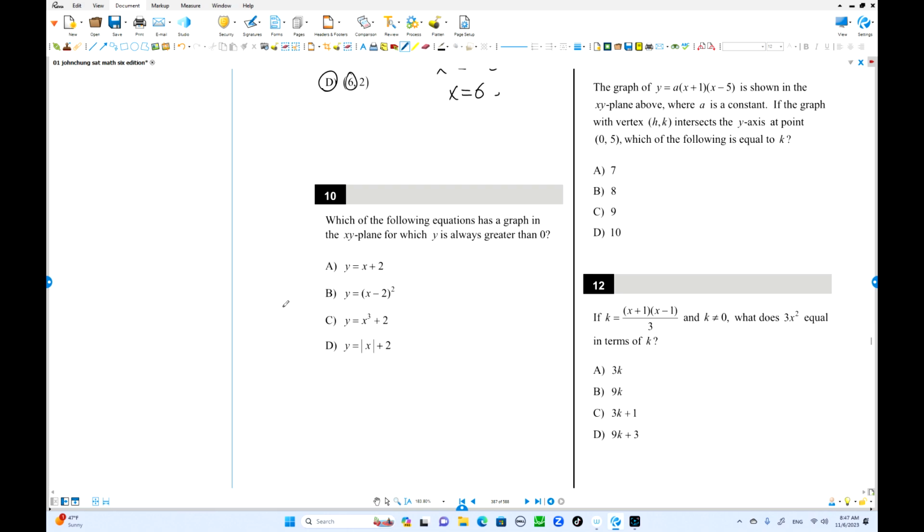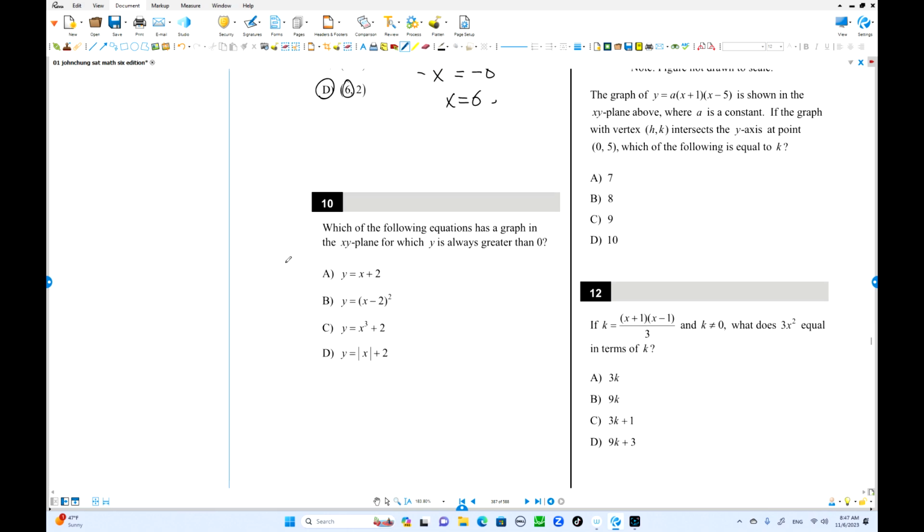Alright, number 10. For which is y always greater than 0, okay? The value of y must be greater than 0. For example, x plus 2 is what? This way, right? This value of y is less than 0, right? What about this one? B, the graph looks like this. When x equals 2, the graph opens upward, right?